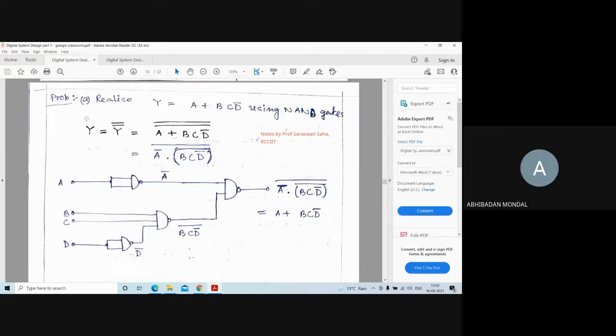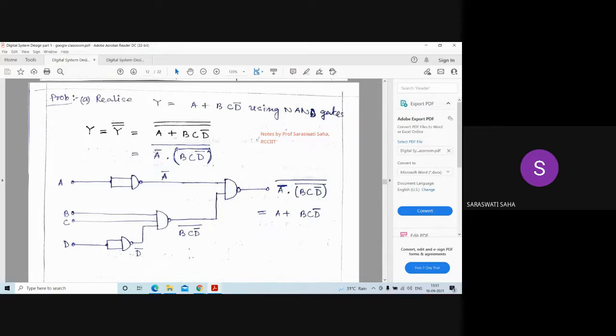Yes, ma'am. Then in De Morgan's theorem, NOR is equivalent to bubbled AND. So we can decompose it. How? A plus B C D bar, then complement. For this portion, you can decompose it in this way: A complement dot B C D bar, then the complement of this term.